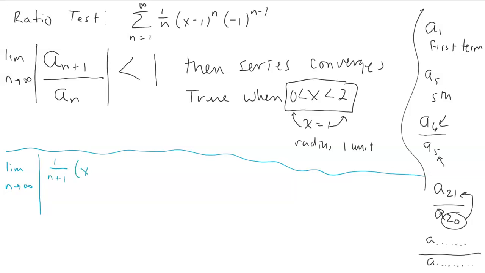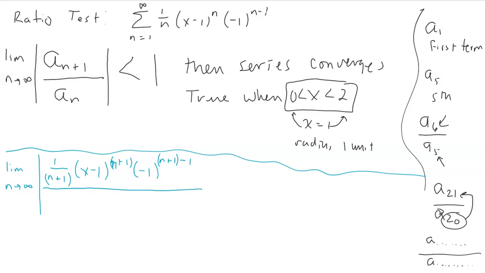And then we had x minus 1 to the n plus 1, times negative 1 to the n plus 1 minus 1. Notice everywhere there was an n, we're now replacing it with n plus 1 to represent a sub n plus 1, the next term in the series.